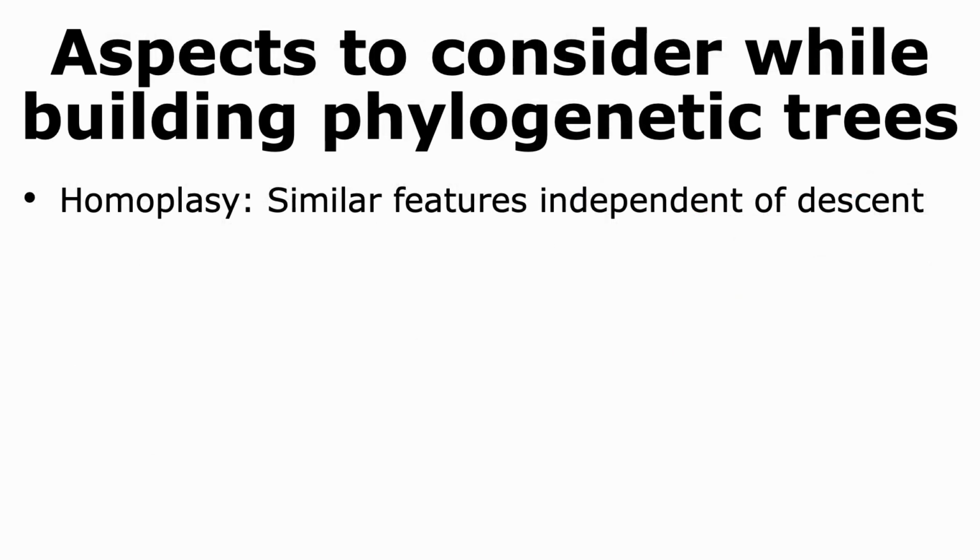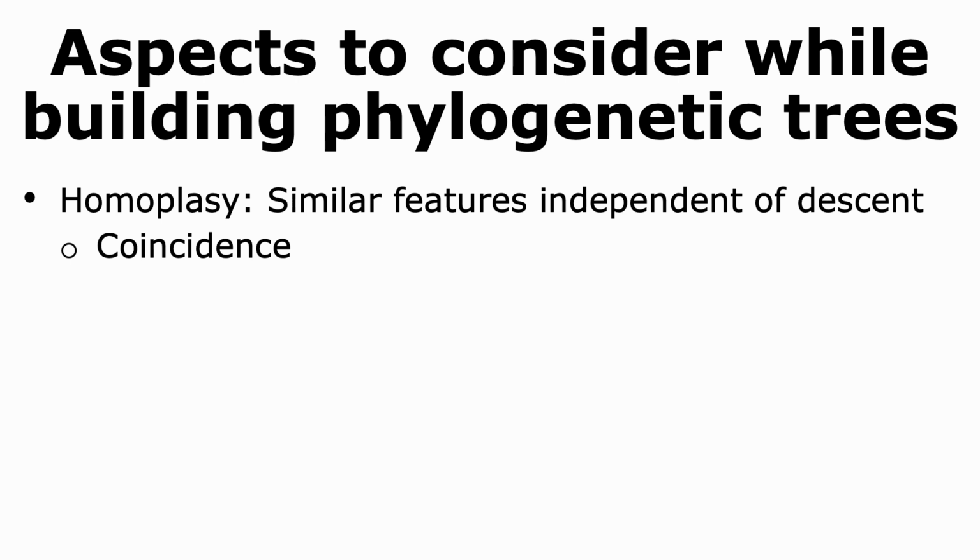While building phylogenetic trees or cladograms, similar characters present between different organisms are taken into account. There are some aspects that can make building these phylogenetic trees more challenging, and one of these is homoplasy. Homoplasy is when there are similar features that are independent of descent.